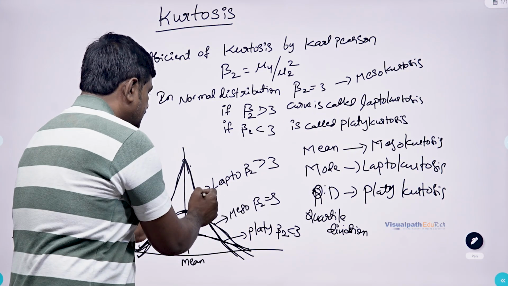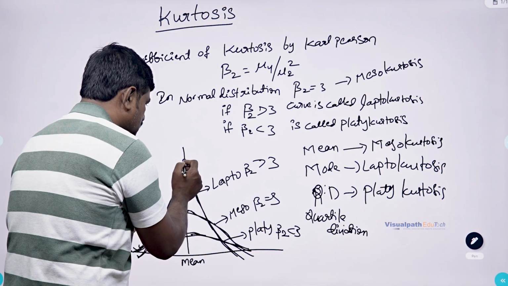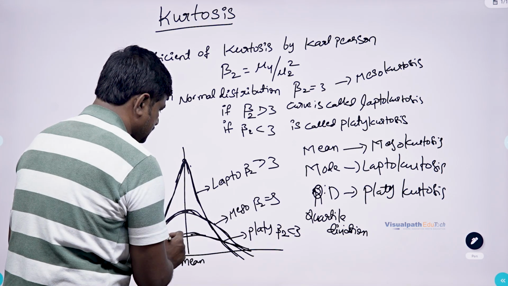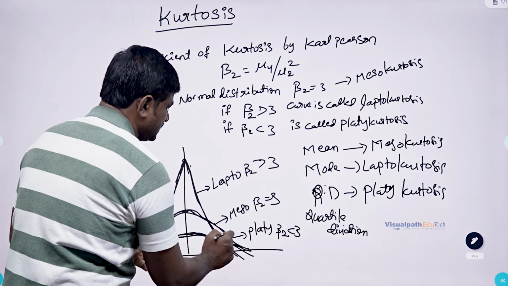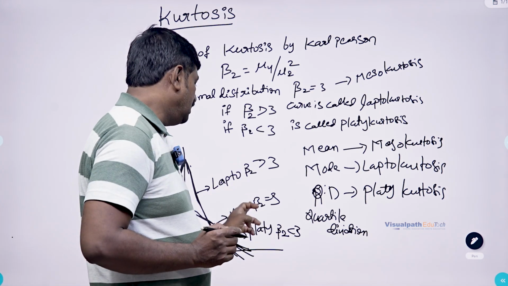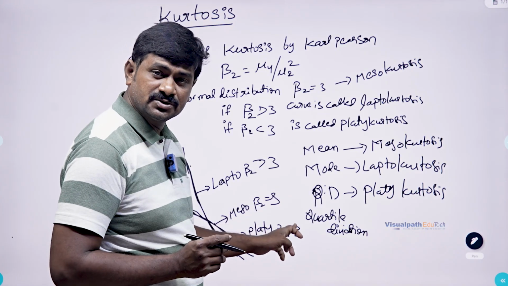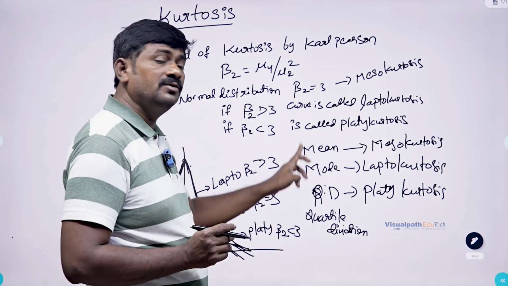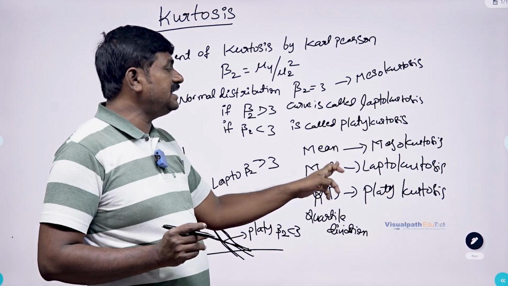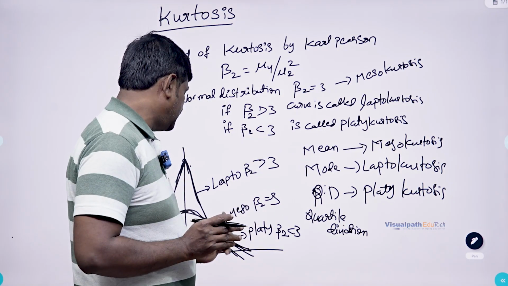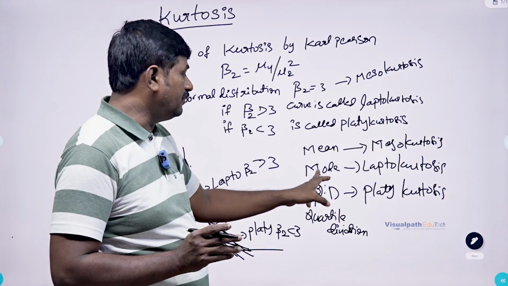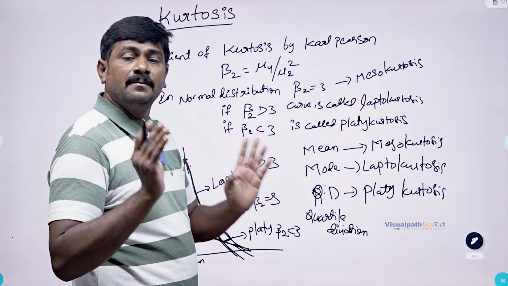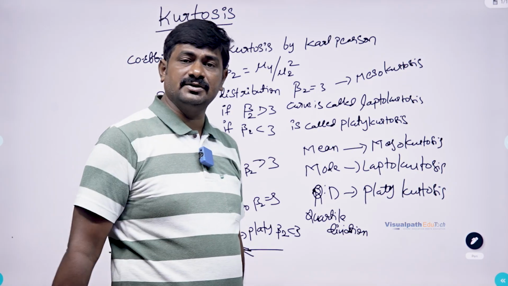Graphically, a curve with the most peakedness is leptokurtosis, a curve following the normal distribution is mesokurtosis, and a curve very flat along the axis is platykurtosis. So mesokurtosis has beta 2 equal to 3, leptokurtosis has beta 2 greater than 3, and platykurtosis has beta 2 less than 3. Next, the mean is the perfect measure for mesokurtosis or the normal distribution, mode is the perfect measure for leptokurtosis, and quartile deviation is the perfect measure for platykurtosis. Next, we are going to discuss an example.